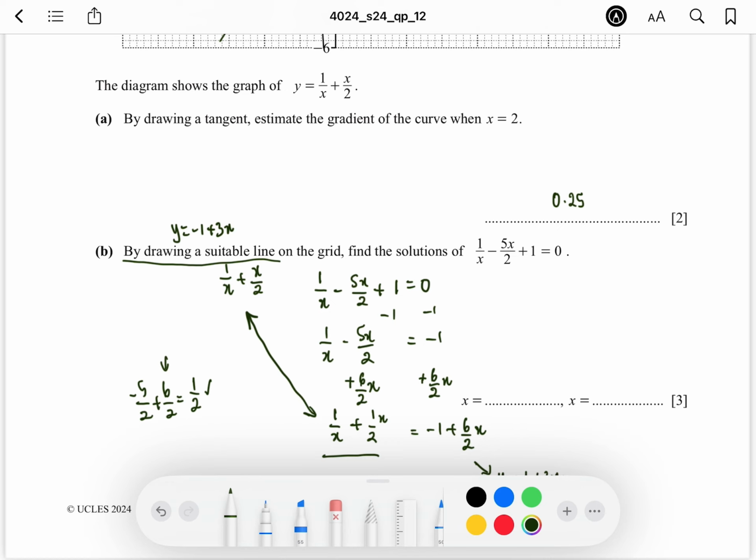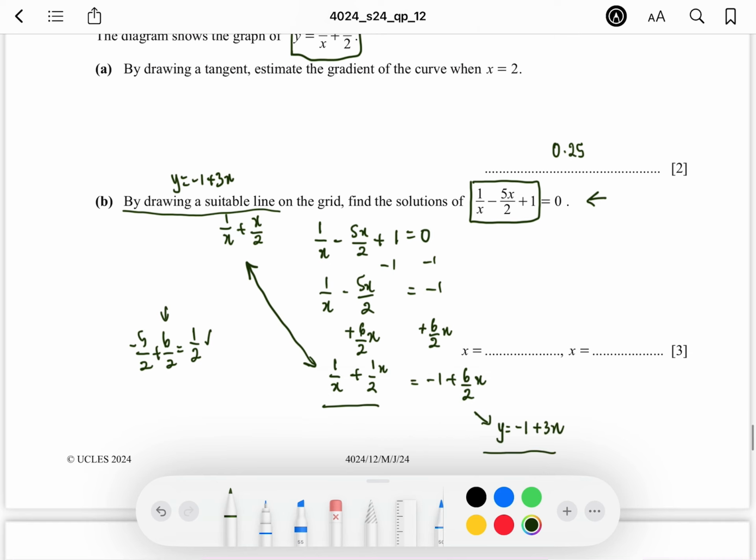Satu is like this, where it equates to 0, tetapi one side of the expression is not the graph yang kena bagi. So when that happens, you need to manipulate the equation such that one side mesti graph. But solutionnya masih sama, di mana yang intersect.